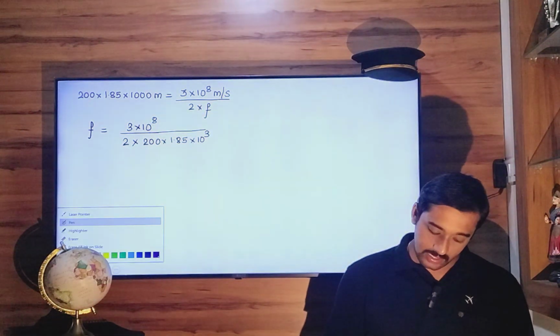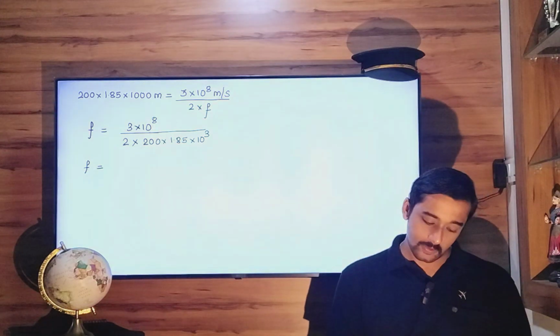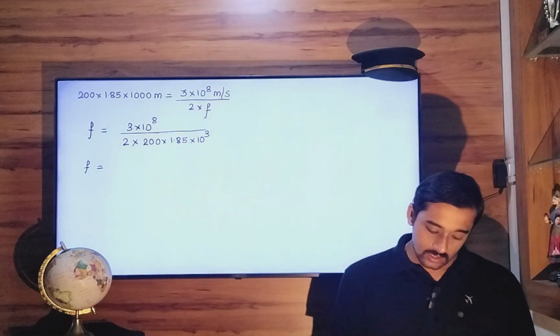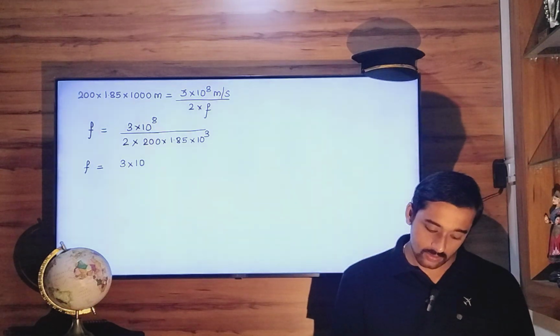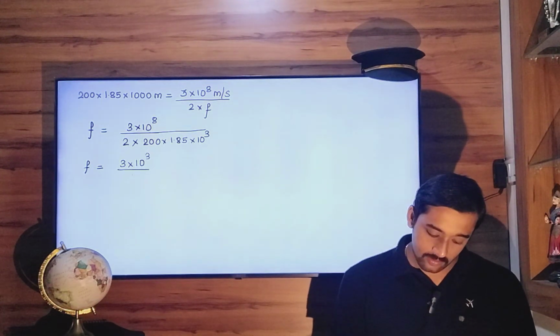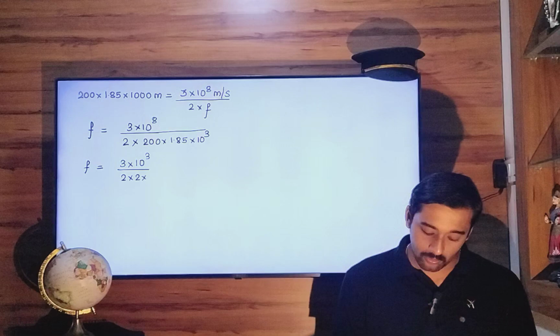Now cancellation, frequency will be equal to 3 into 10 raised to 3 divided by 2 into 2 into 1.85.